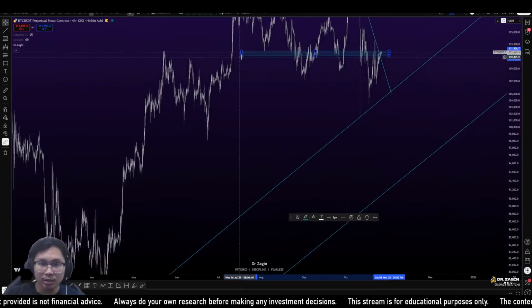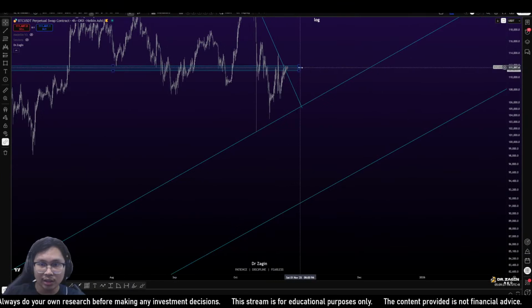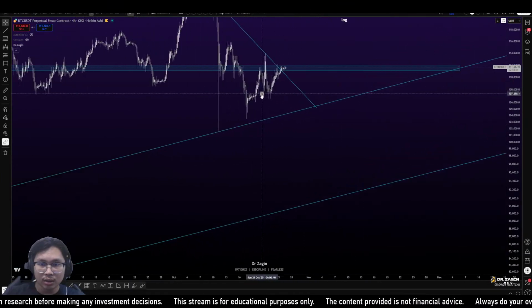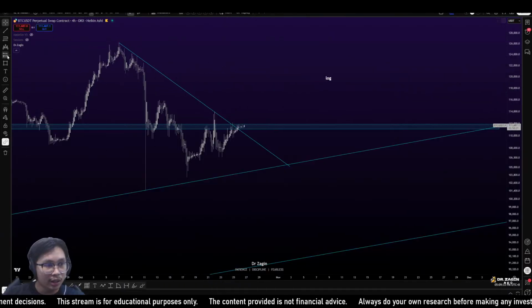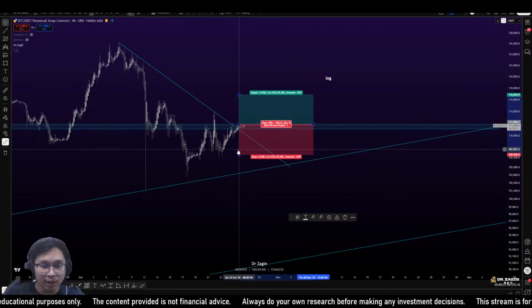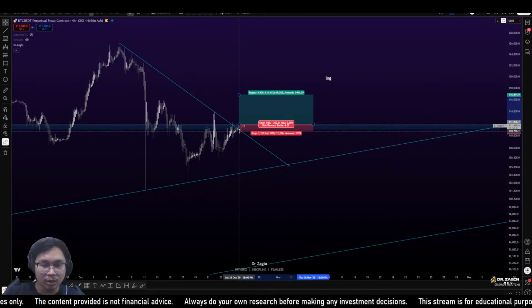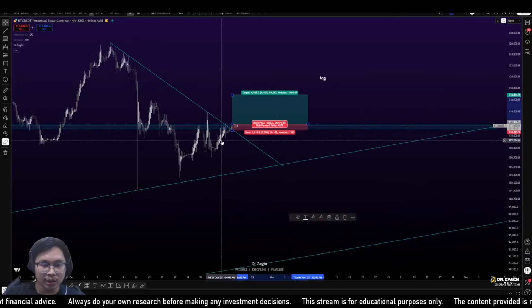Let's stretch it out to see. Okay, it's valid, guys. It's pretty valid. So if this goes up, where will be my exit point? But don't enter on this area, guys. Wait for confirmation. I'm just plotting it for visuals.